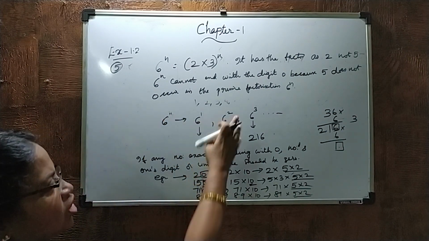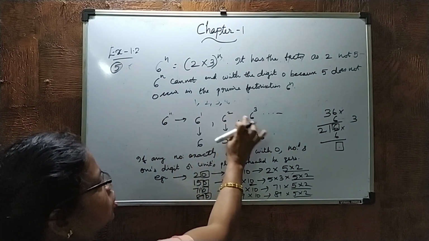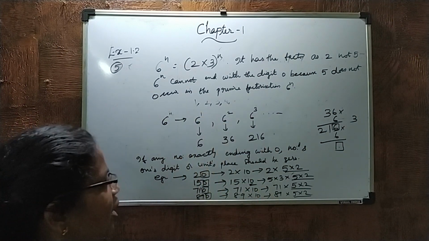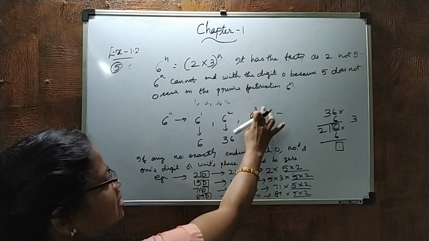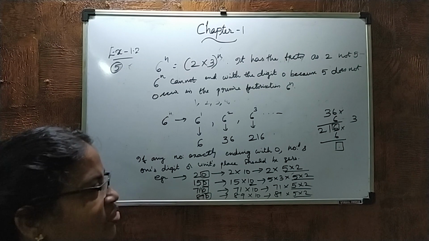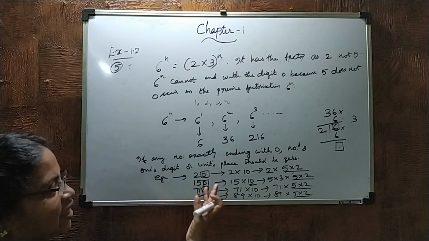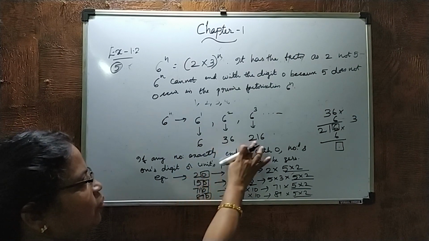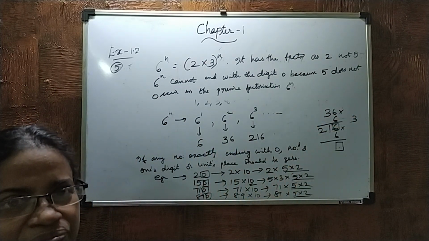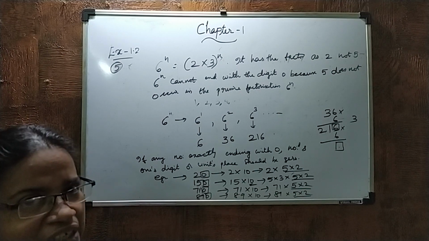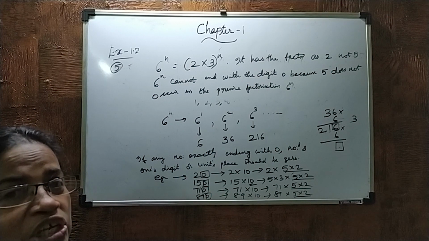Natural numbers are 1, 2, 3, 4, etc. So 6 raised to n means 6 raised to 1, 6 raised to 2, 6 raised to 3, etc. 6 raised to 1 is 6, 6 raised to 2 is 36, and it goes on. Always the ones digit is 6. 6 into 6 is 36, again the ones digit is 6. So we have to prove how it comes as 0 there.